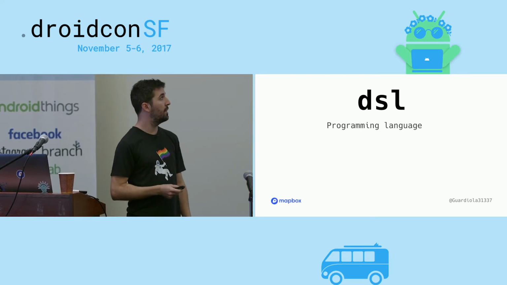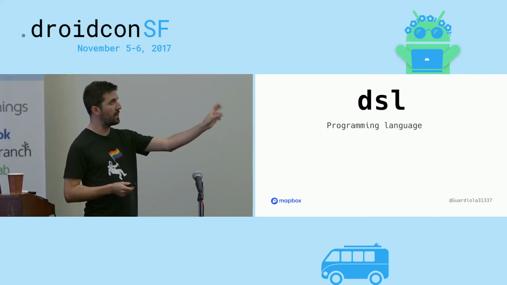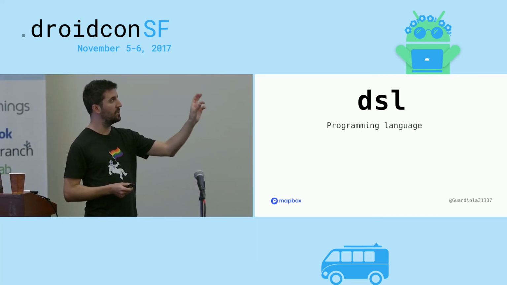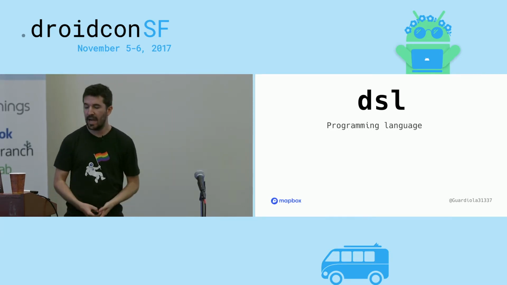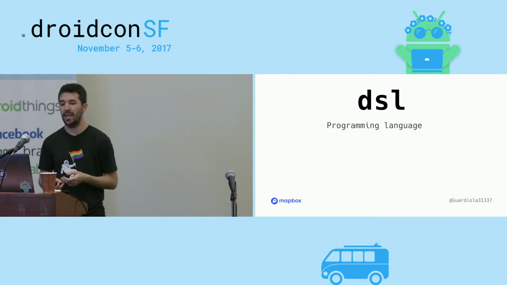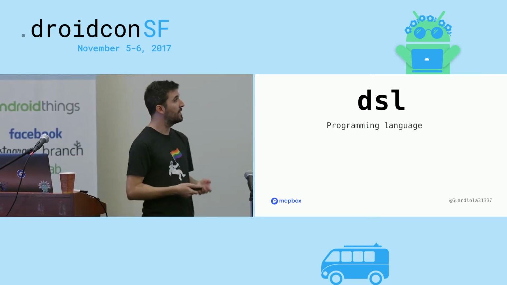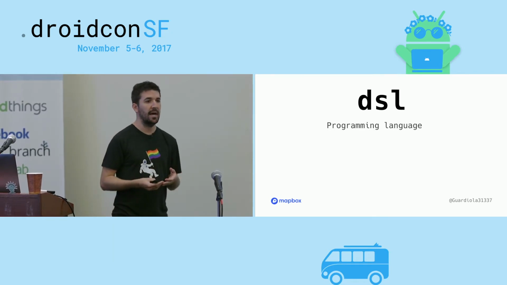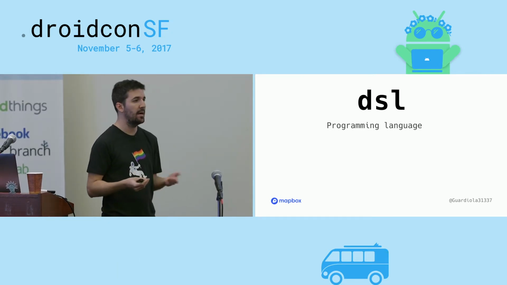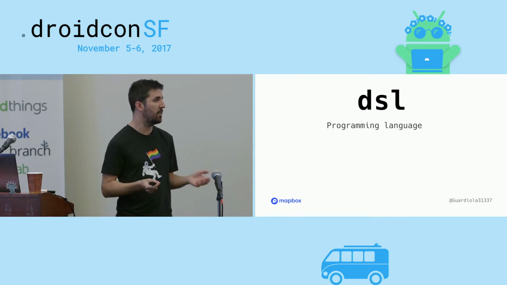So first of all, we have in the definition the part about the programming language. And here we need to note the word programming, in the sense that a DSL is used by humans to instruct a computer to do something. So again, we don't want to create a regular language like English, for example.